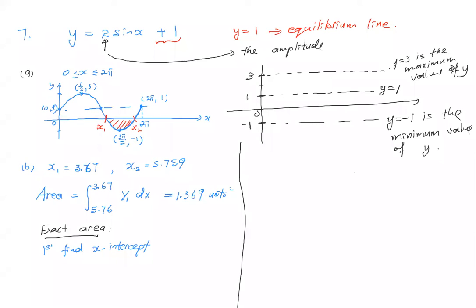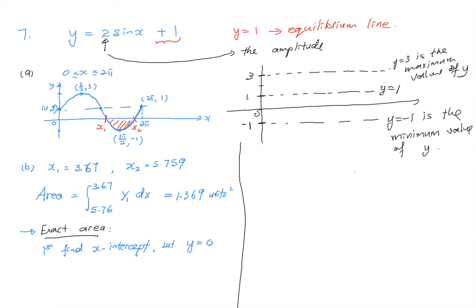Okay, I know with the calculator you can use second trace, but now I want exact value. So what you need to do? Find x-intercept. Let y be equal to 0.